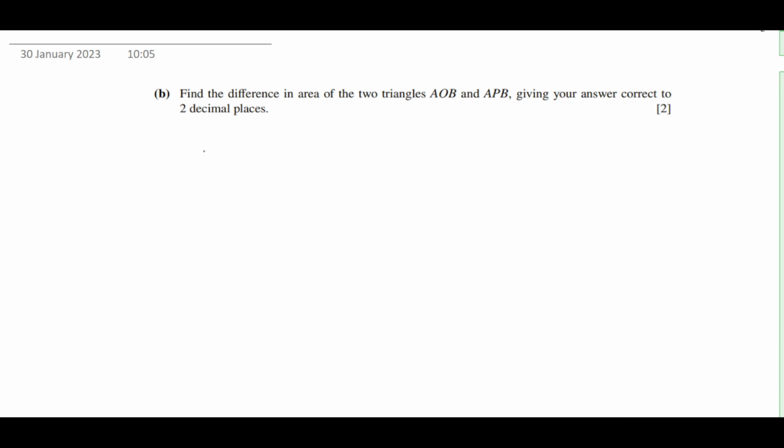Now the formula for area of a triangle is half into r square sin theta. So half into r, where r is 2.5, square, into sine of 2 pi by 3. For the other triangle, it is half into 2.24 square into sine 5 pi by 6.